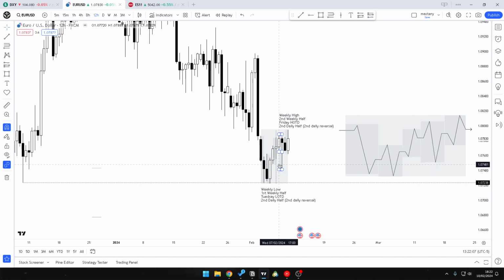First, second, first, second, first, second. So the low of the day, which was the second reversal after the high had been made, was actually the continuation, a turtle soup, and this was a continuation of the weekly low. So the weekly reversal, expansion making a new high of the week, retracement, to then continue the weekly expansion, making the Friday high of the week.